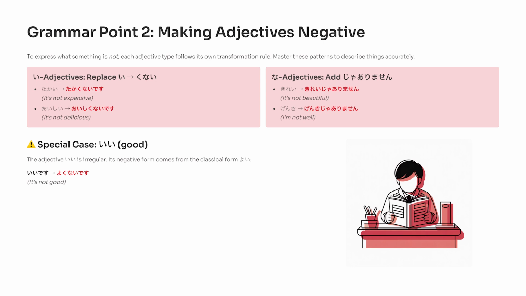So いいです means it's good, but 良くないです means it's not good. As you continue studying Japanese, you'll use these negative adjective forms very often when expressing opinions, describing places, or talking about things you like and dislike. Once you master these patterns, you'll be able to describe things much more naturally and accurately.